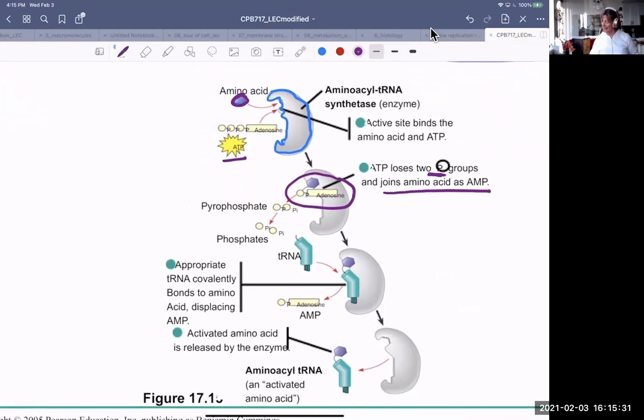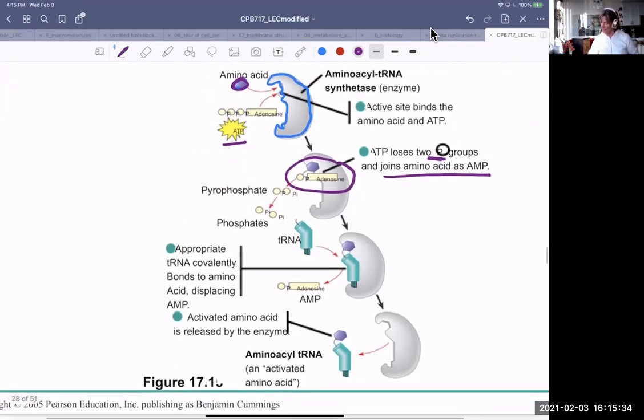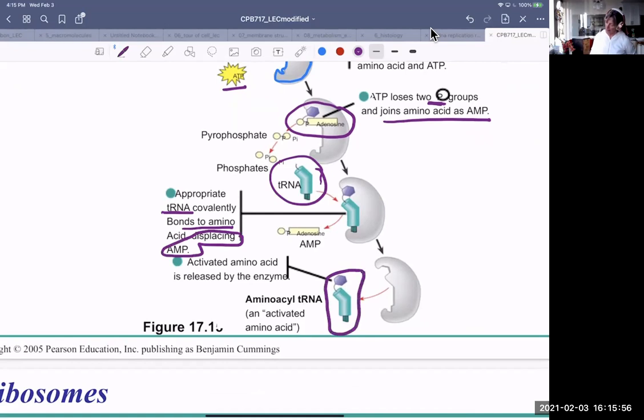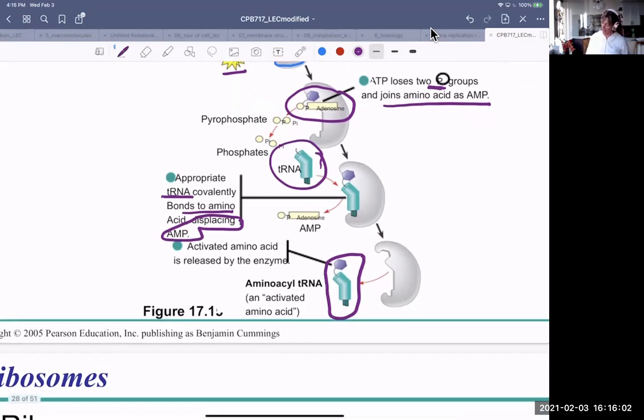So now the amino acid is joined to the adenosine monophosphate, covalently bonding. So here comes our appropriate transfer RNA that we want, covalently bonds to the amino acid and it displaces the adenosine monophosphate. Boom, you're out of here. It's my turn now. And now we get the transfer RNA with the appropriate amino acid attached to it. And it's released from the enzyme.